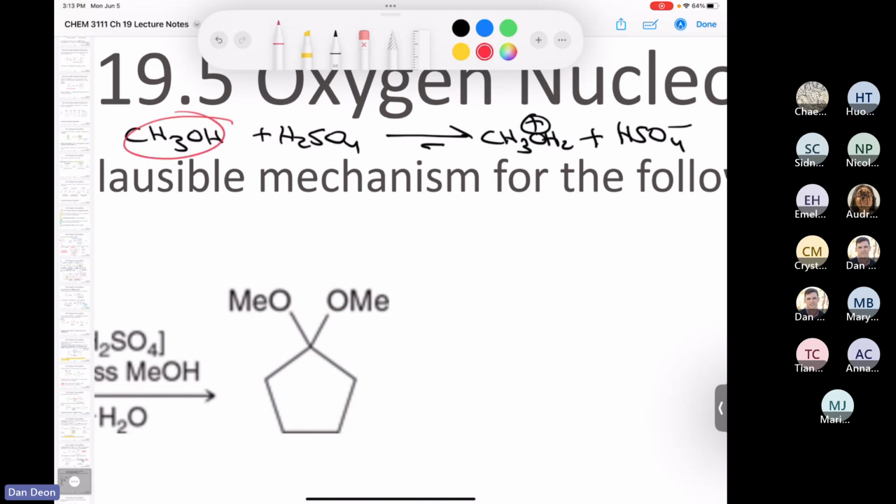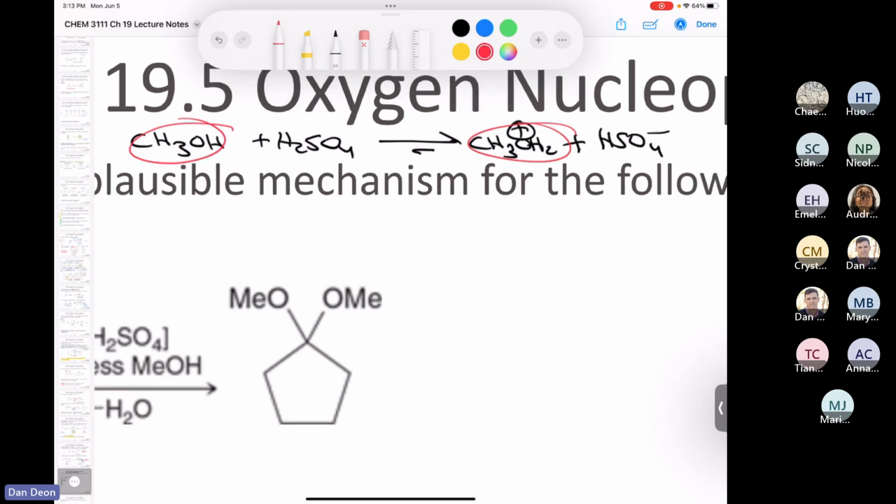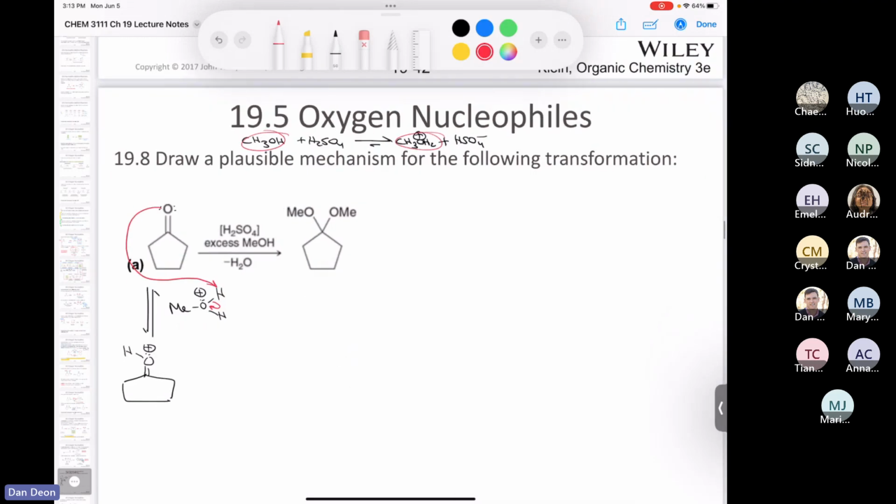So you're going to have both present in the mixture, and it's going to go back and forth, donating a proton, accepting a proton, and so on. So in this step, you removed a proton from the protonated species. So now in the next step, you have methanol kicking around.